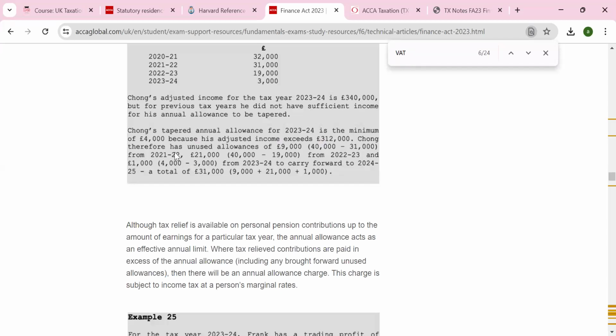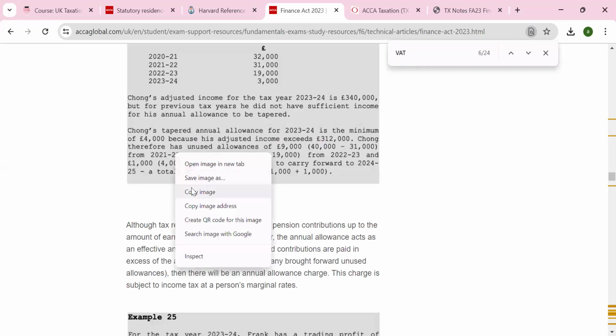You can even copy these images underneath and say, as in the above scenario, in the light of the Finance Act 2023, this person has this income and this tax liability. Maybe you can argue on these points, which is absolutely fine to meet the criteria. Okay, that's all from my end.